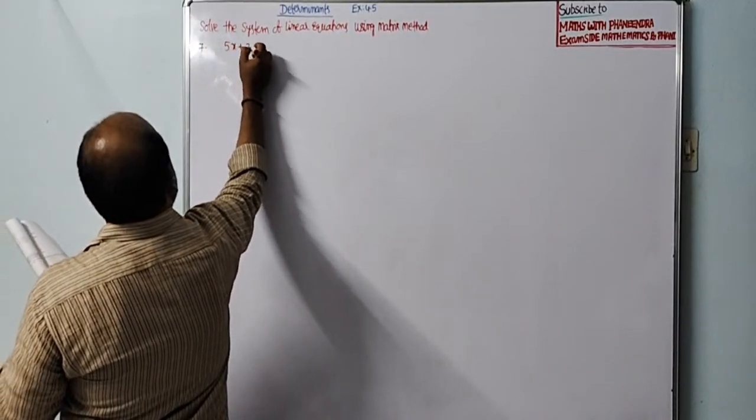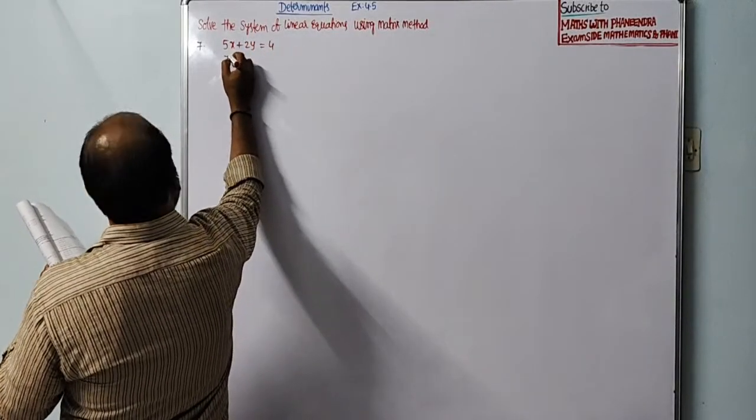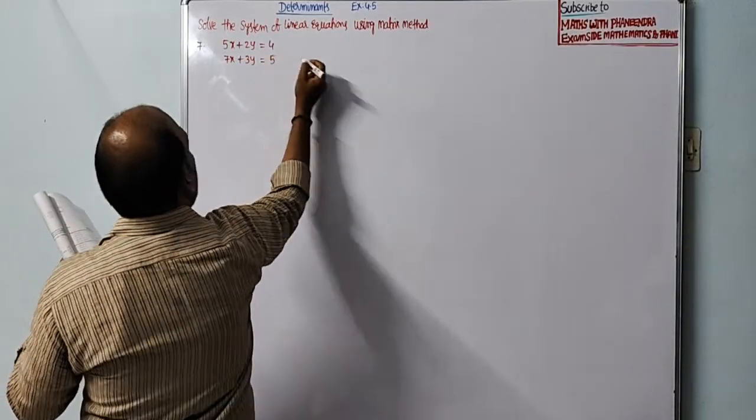Five x plus 2y is equal to 4. 7x plus 3y is equal to 5.